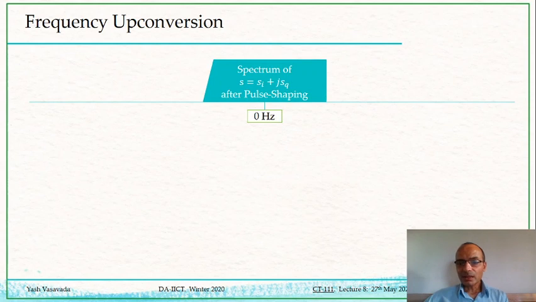Now, in the complex envelope representation, we take this and multiply by exponent of j2 pi fct. But that multiplication in time domain translates to convolution in frequency domain, and the convolution is with a Dirac delta impulse located at fc. And therefore, the effect in frequency domain is that of a shift.